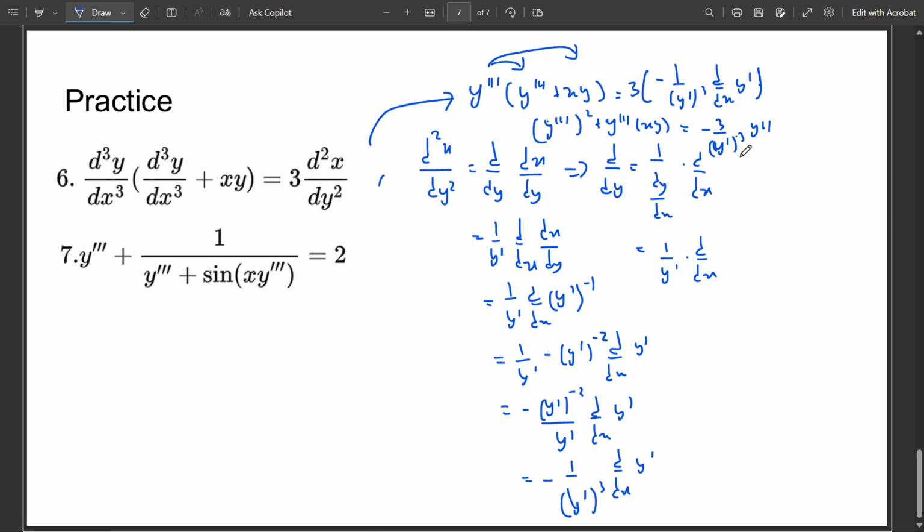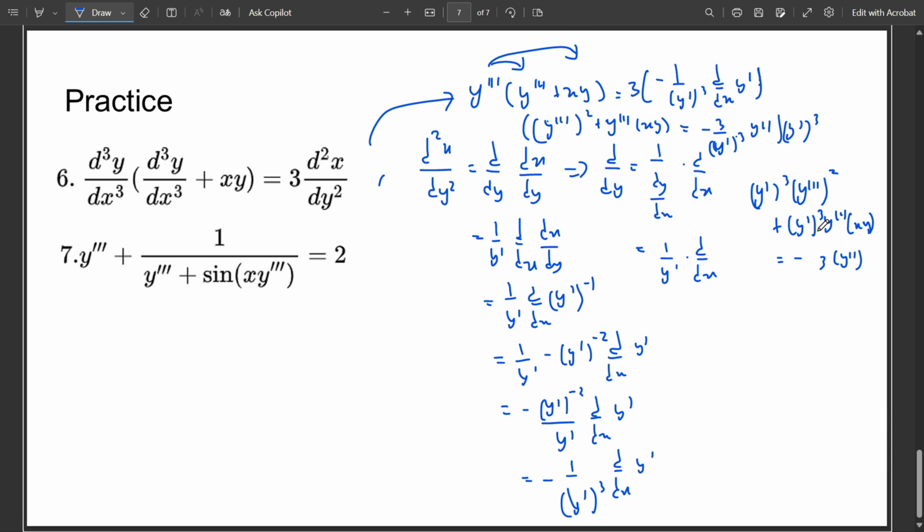So we can multiply y prime cubed on the left hand and right hand side, and we have y prime cubed y triple prime squared plus y prime cubed y triple prime xy is equal to negative 3 y double prime.